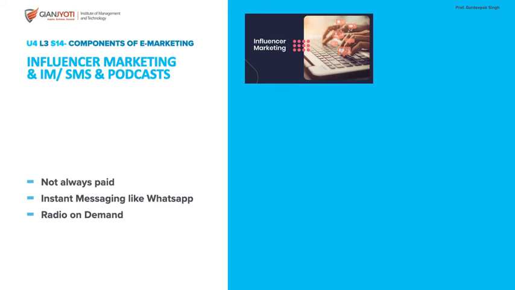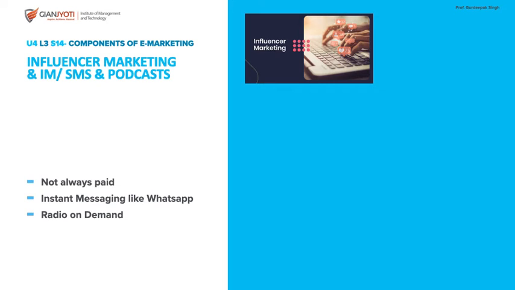Another one is influencer marketing, instant messaging, SMS, and podcasts. I'll discuss three things here. Influencer marketing is not always paid. There are people in your network who can influence others, so this is a good marketing channel.